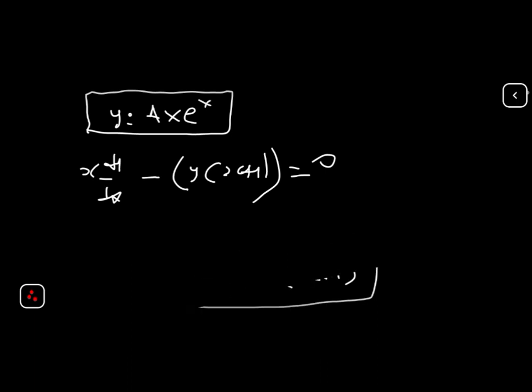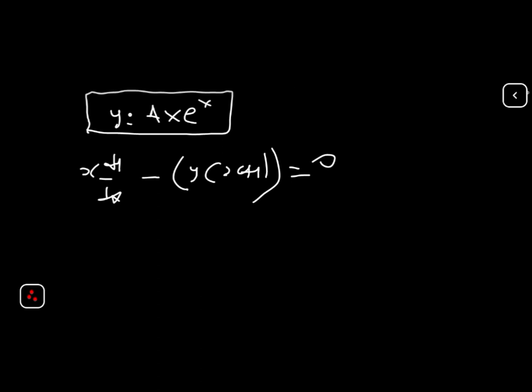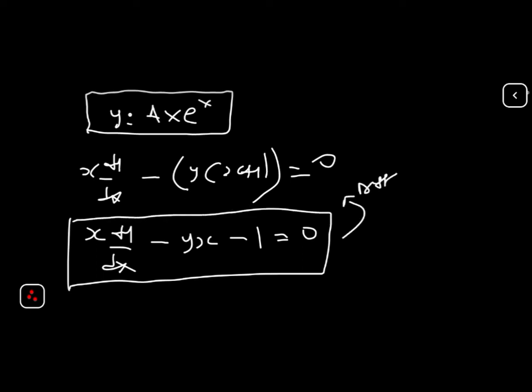You could as well expand it, or rather distribute the negative. If you distribute the negative sign, we are going to have x dy/dx minus yx minus y equal to 0. So this becomes your final differential equation. So finally, this is the differential equation.